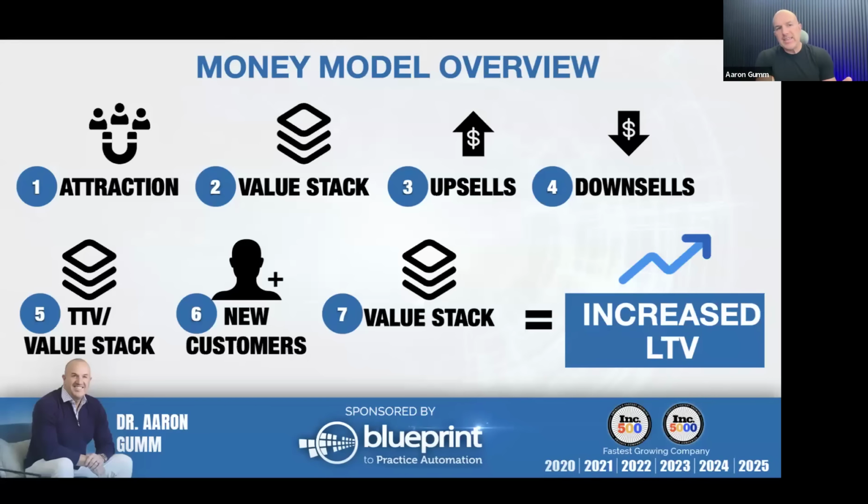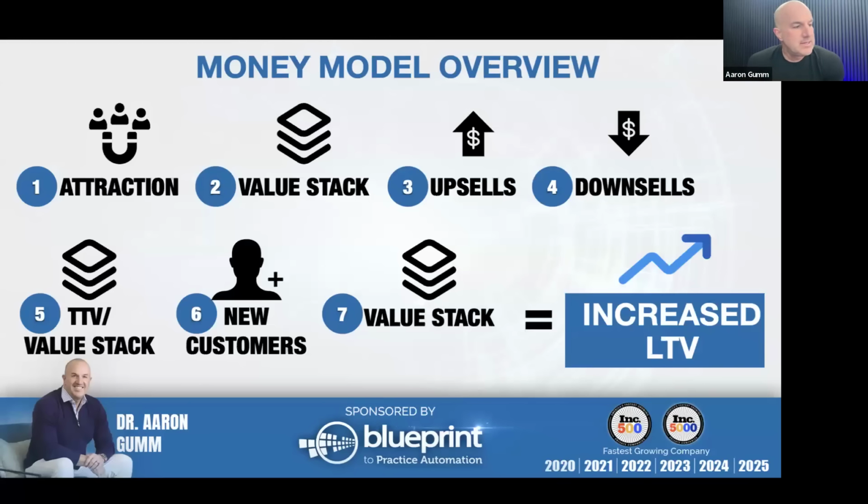So we have value stacks, upsells, downsells, TTV, time to value. I'll go over what that means in a minute. More value stacks in day two, and influencing people's buying patterns in day two. Once we gain a new customer, we use value stacks to get them to do exactly what we want them to do as patients so they're successful, so they're referring, and those types of things.